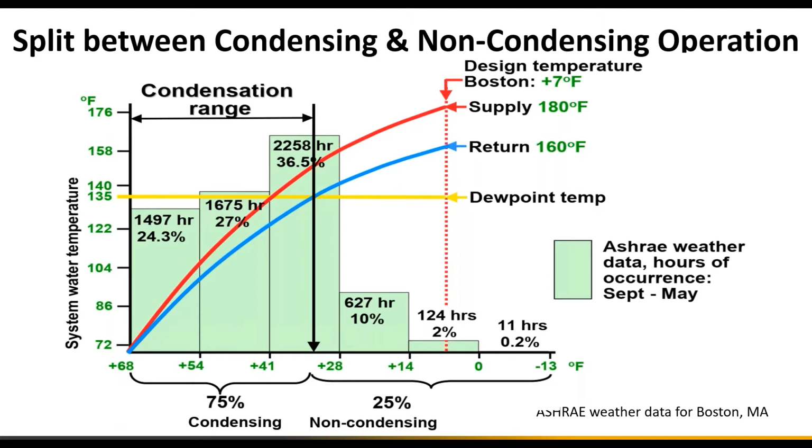We see here that down to about 28 degrees, we will actually be in condensing mode, and we would not be in condensing mode for about, say, 25% of the time. So even on a high temp system, 75% of the heating season would be in condensing mode.